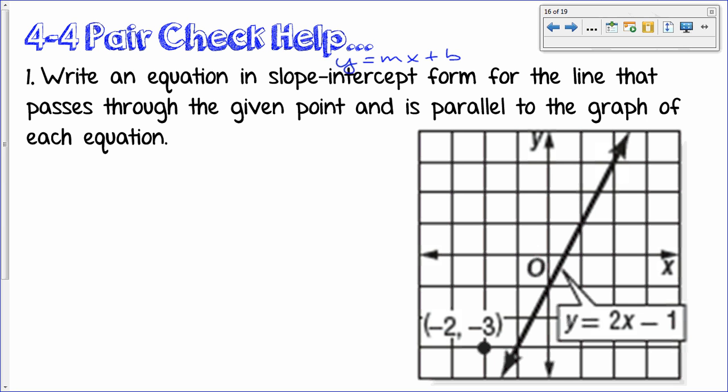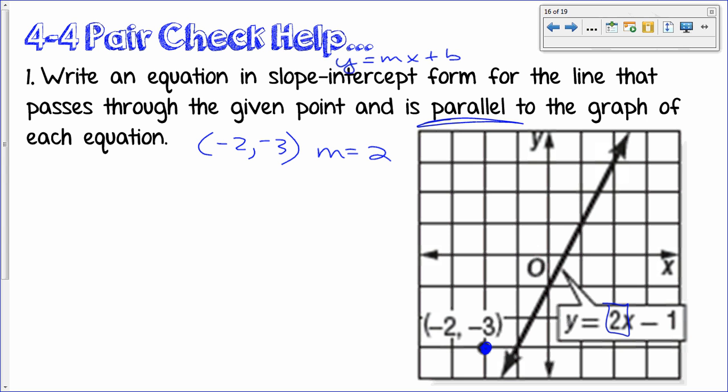Yeah, right here. -2, -3. What's the slope of the line that's already graphed? 2, isn't it? Okay, so if that slope is 2, then the slope of my other line is going to be what? Parallel, 2 also, right?